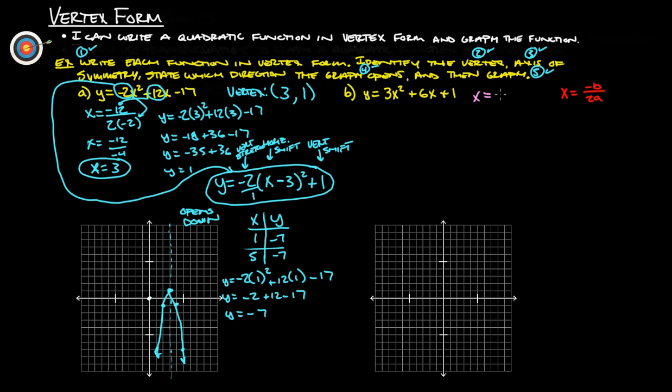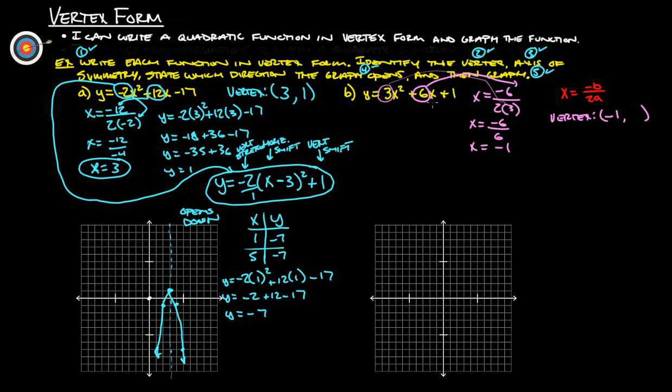X equals negative, b is 6, all over 2 times a, which is 3. All right, so we get x equals negative 6 over positive 6, so our x is going to simply be negative 1. So our vertex for this thing is going to be negative 1.